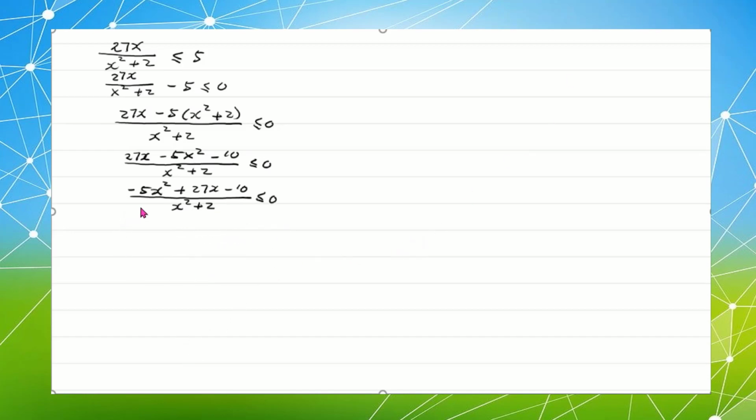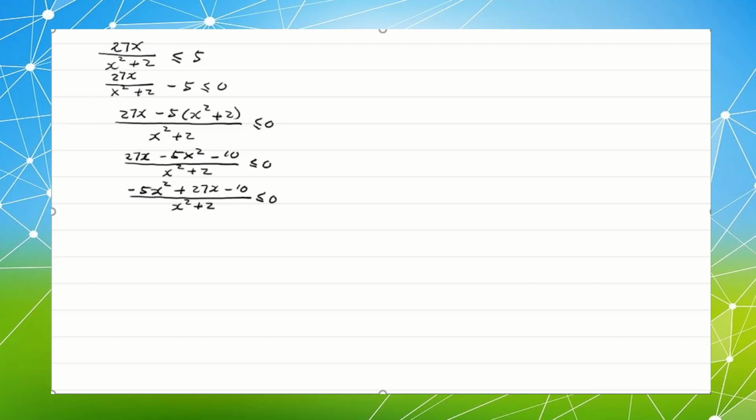Now we need to factorize this quadratic numerator. But now we see that this is a negative quadratic. Normally, students always make mistakes when doing factorization involving a negative quadratic.